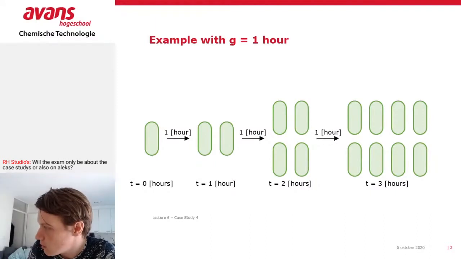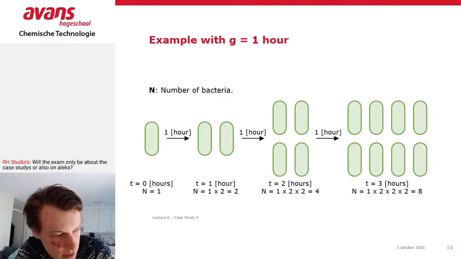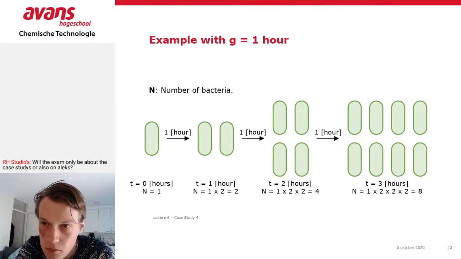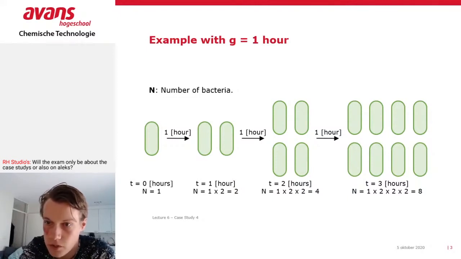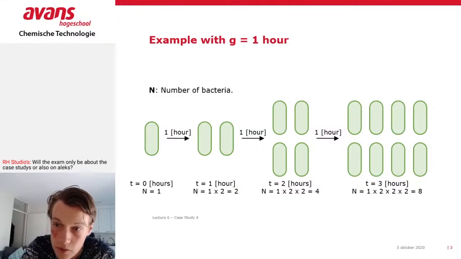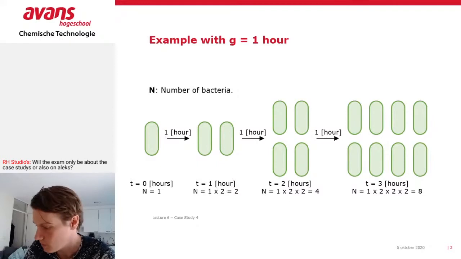This is about the generation time, and then you can also introduce a symbol n, which is the amount of bacteria, the number of bacteria. At time 0 you have 1 bacteria. After 1 hour you have 1 times 2 bacteria. After 2 hours you have 1 times 2 times 2 equals 4 bacteria, and you can do that every time.